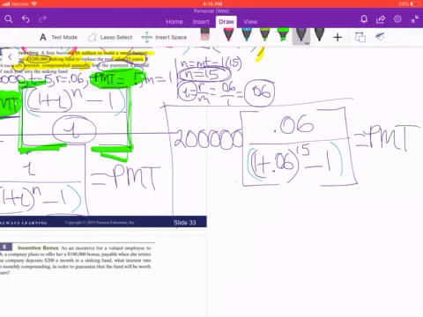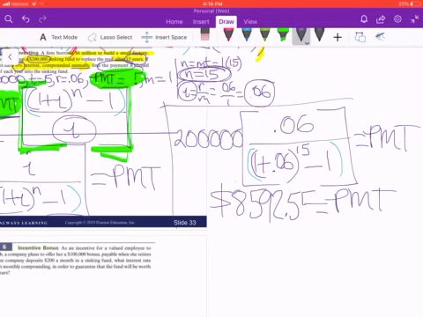So if we enter all of that on the calculator, we will get the payment, and so that payment will be approximately $8,592 with 55 cents.